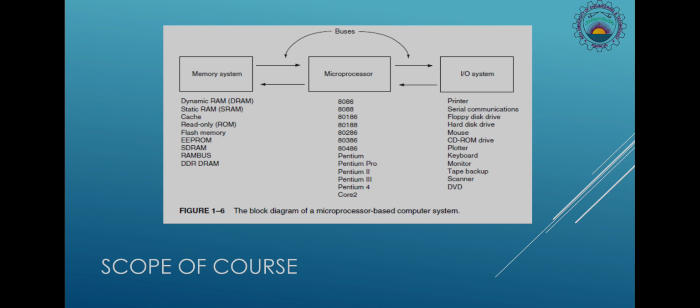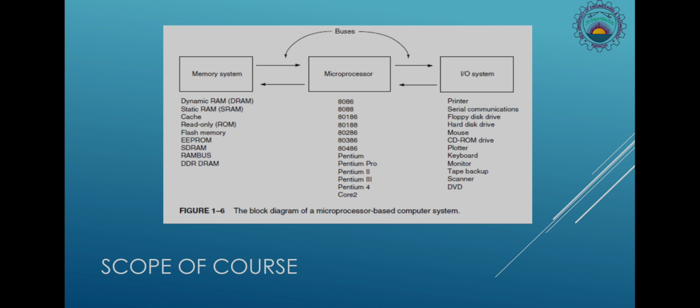And as you see in your computers, you have a keyboard, you have an LCD, you have a mouse, and you may take a printout from the computer. So there must be IO systems present in your computer.